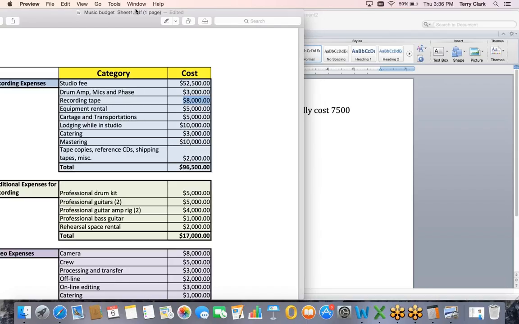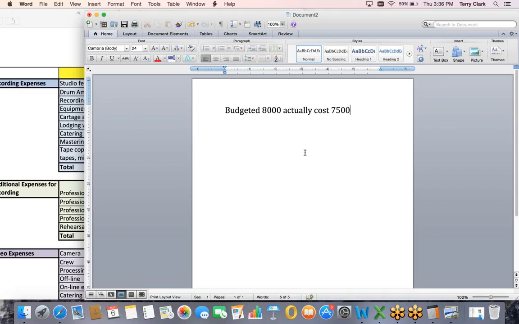Okay, so with the budget, we're taking 8,000 for the budgeted cost. And once again, we're trying to simulate the problems that we actually are getting without actually doing those problems. And the actual cost is 7,500. So they want to know what percentage off, what kind of discount we're getting. Okay, so to figure out that discount, we're going to have to figure out the actual amount off.